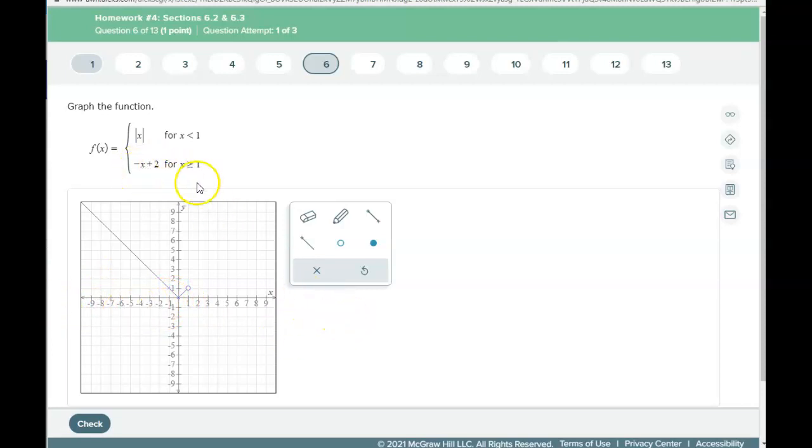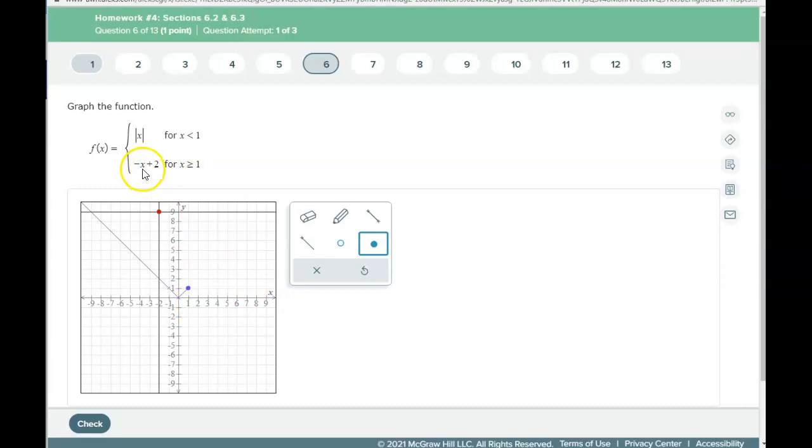Now, I need to do this second half of the piecewise function. At x being equal to 1, I plug a 1 in here. So negative 1 plus 2 gives me 1. So actually I get a solid dot at 1, 1, and I'm going to put that right there. Then I go to 2 because I want everything greater than that.